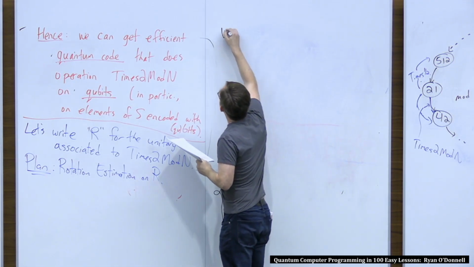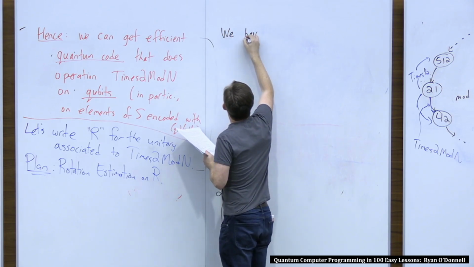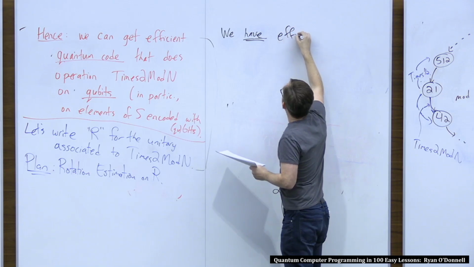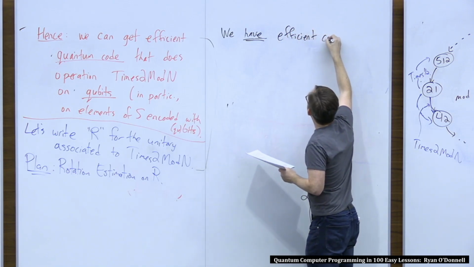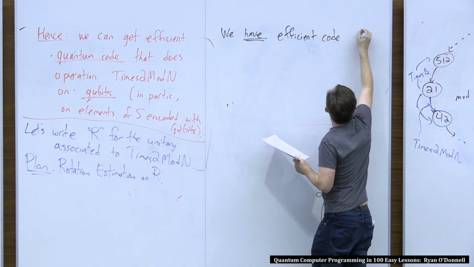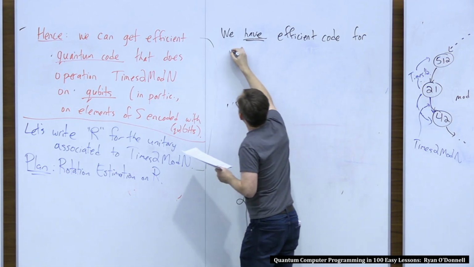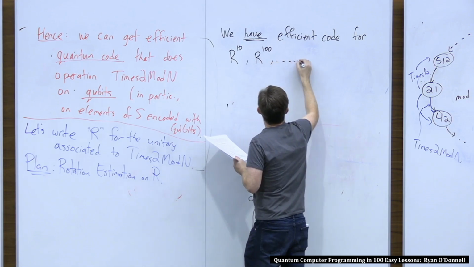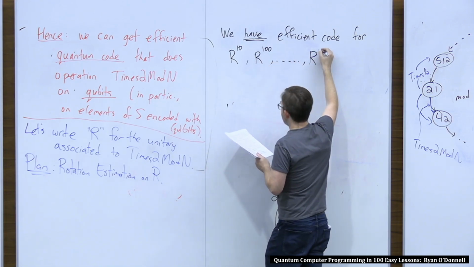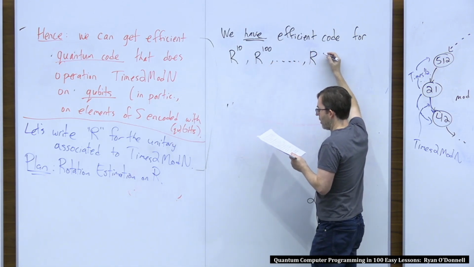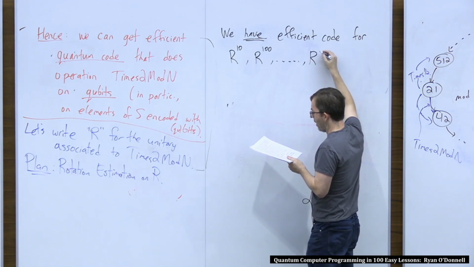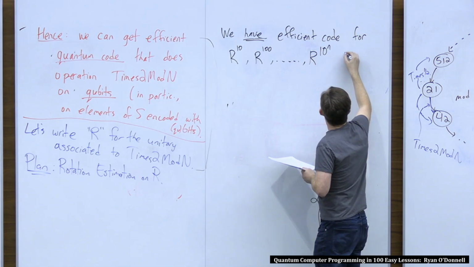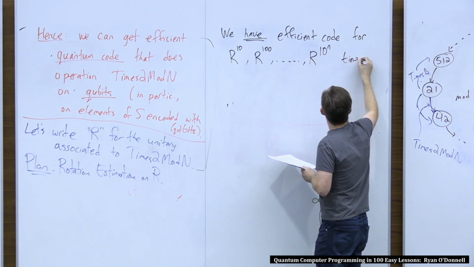We have efficient quantum code for R repeated 10 times, R repeated 100 times, R repeated 1,000 times, 10 to the n times.